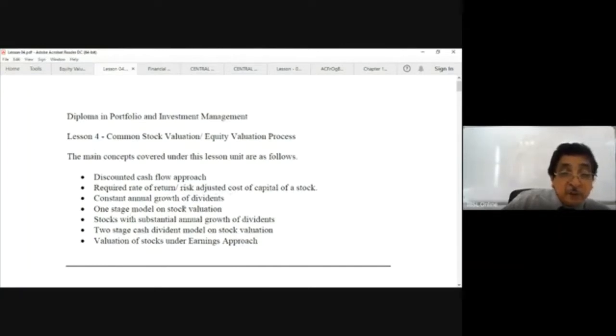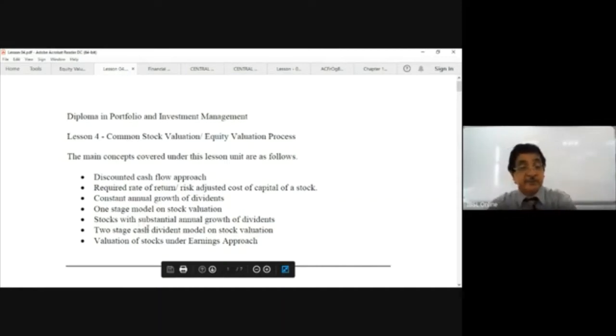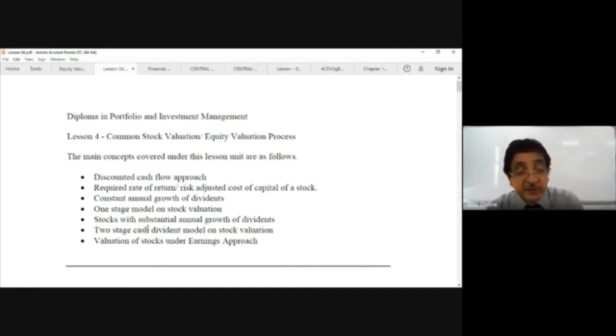Then constant annual growth of dividends. Then the one-stage model on stock valuation. Stocks with substantial annual growth of dividends. The two-stage cash dividend model on stock valuation and valuation of stocks under the earnings approach. These are the topics we expect to discuss during this lesson.